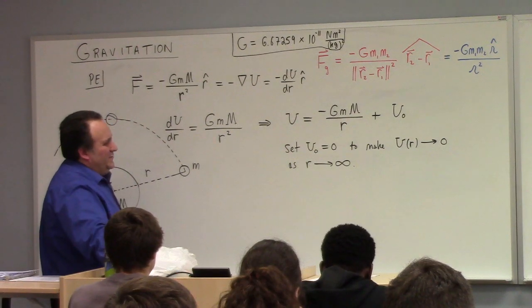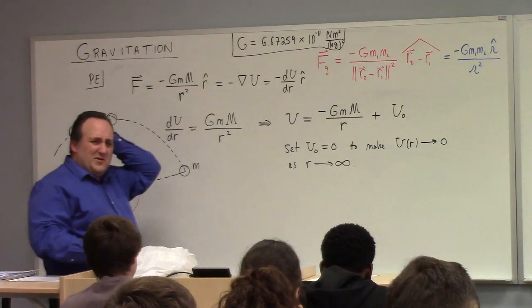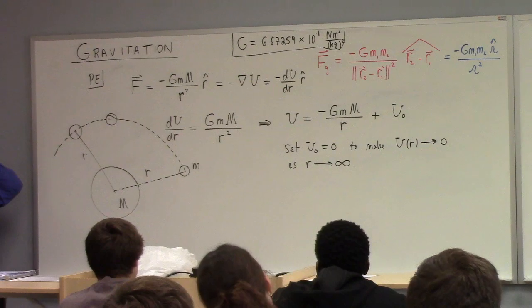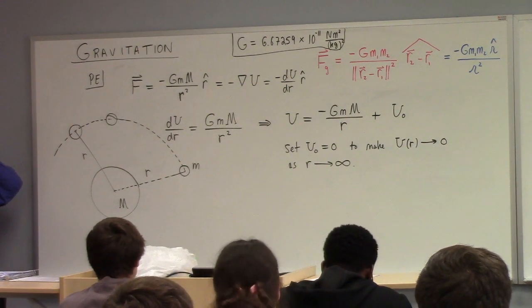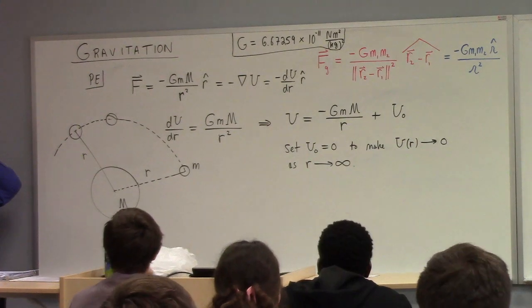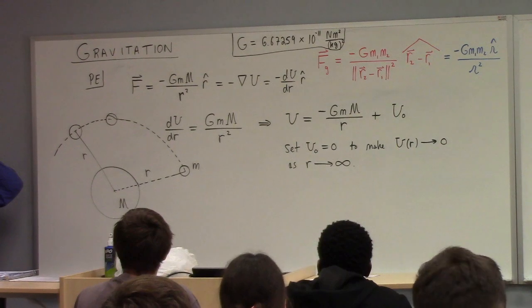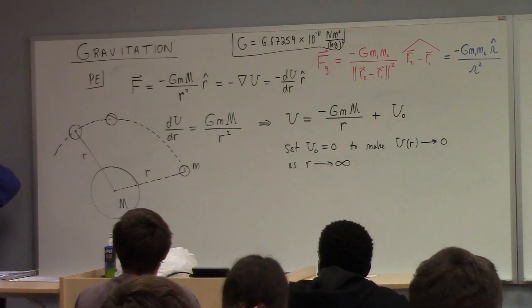What happens with this formula if r equals 0? Yeah, oops. But do we get to r equals 0? We don't. Is actually all of the mass of the Earth at radius 0?